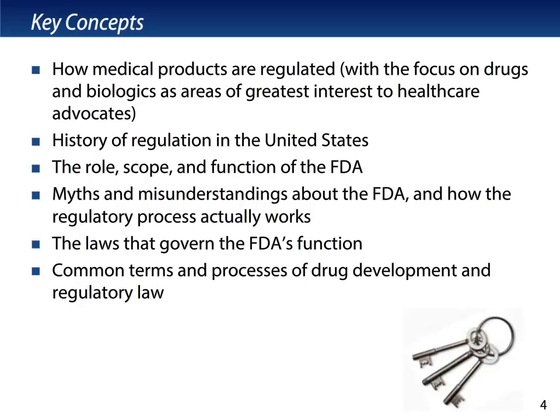We attempted to rectify the widespread myths and misunderstandings about the FDA by taking a look at how the regulatory process actually works. In the process, we covered some common terms and processes of drug development and regulatory law, touching on some of the most common controversies and tensions that are an inherent part of drug regulation.